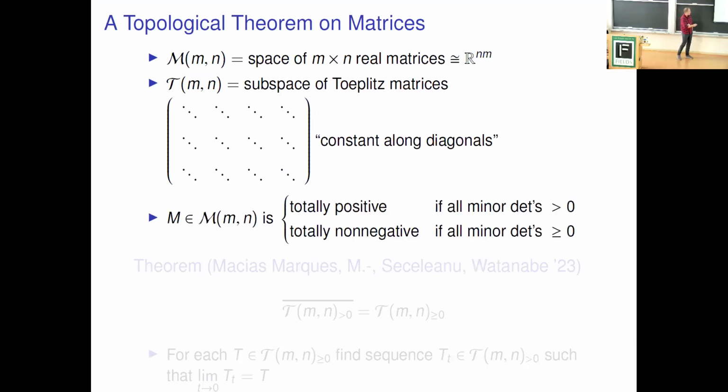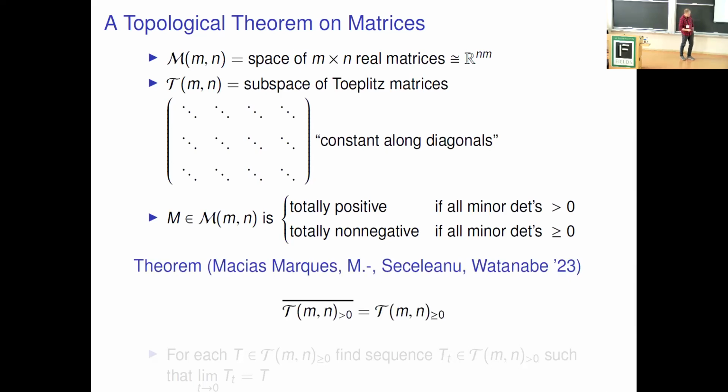I'll remind you what it means for a matrix to be totally positive: all the square minor determinants of the matrix are positive, and we'll say totally non-negative if all the determinants are non-negative. So our theorem is the following. Suppose you take the set of totally positive Toeplitz matrices inside this Euclidean space, and then take the closure of that set, meaning in the usual Euclidean sense, throw in all the limit points of those matrices.